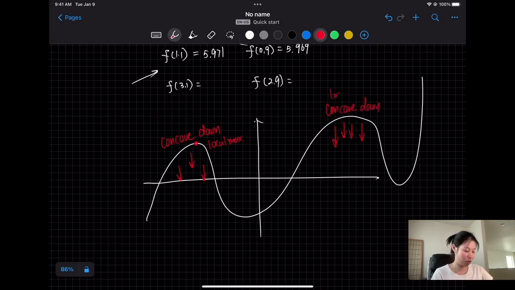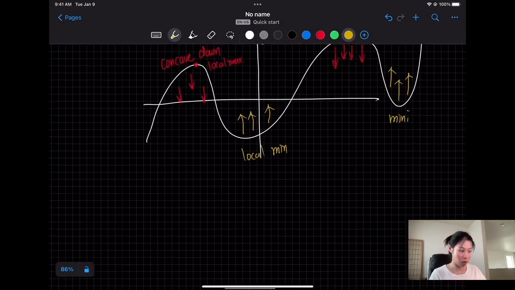Similar idea, if this is concave up, then we will have a local minimum. So what determines whether it is concave up or concave down? Well, that is determined by the second derivative, right?